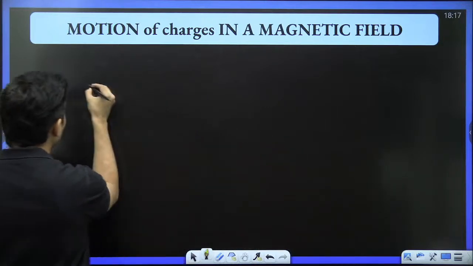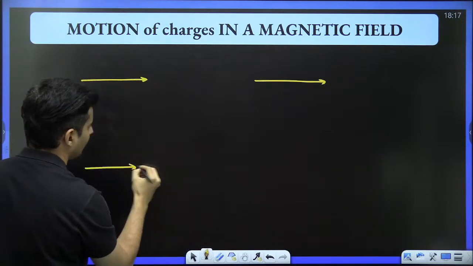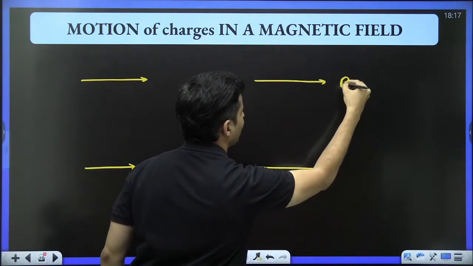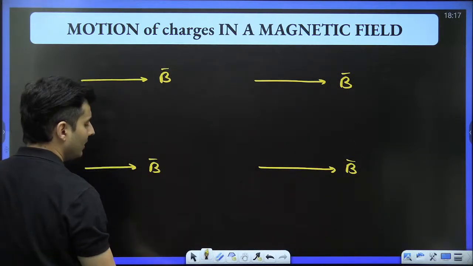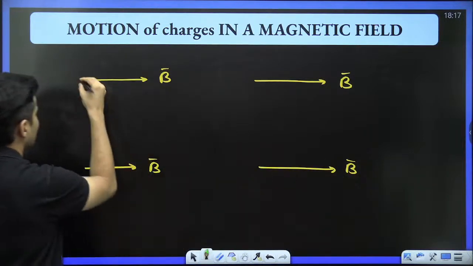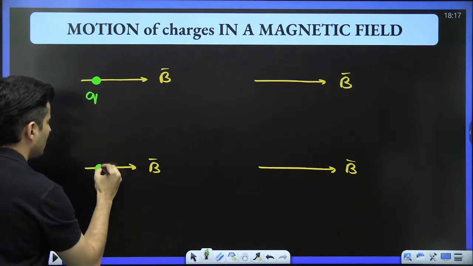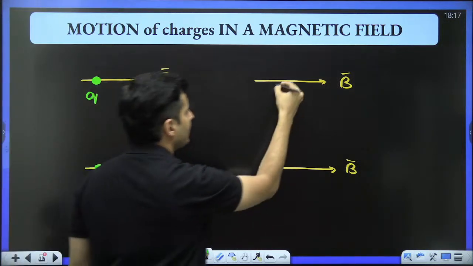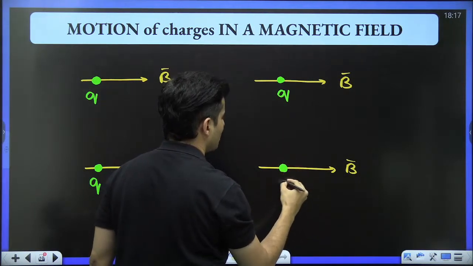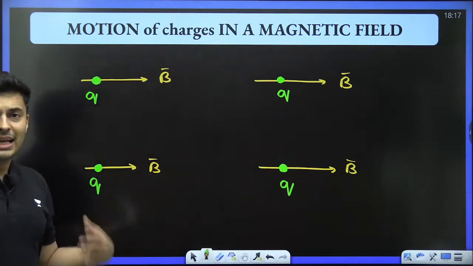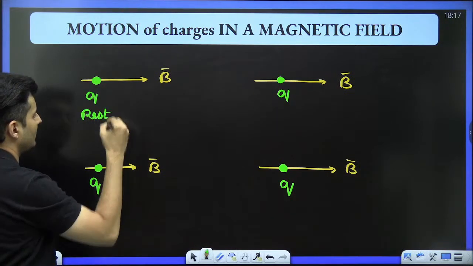Imagine you take a magnetic field this way. This is the magnetic field. Then they took charges, let's say charge Q, again charge Q, and again charge Q. They performed certain experiments: they kept this charge at rest in this case.